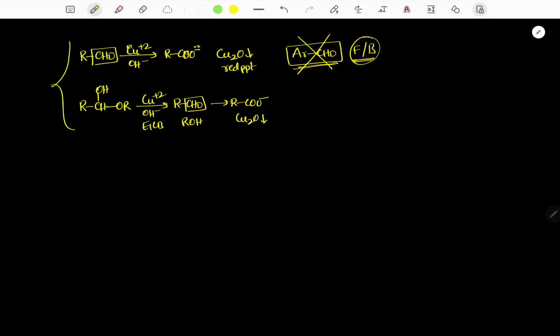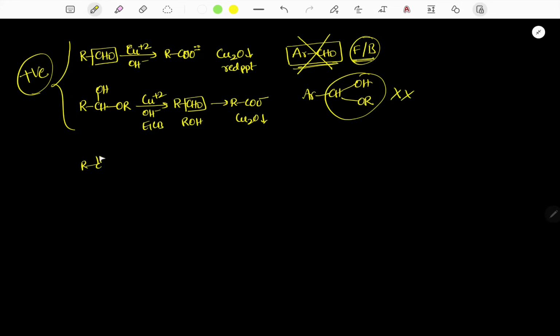That means both aldehyde and hemiacetal respond positively to the Fehling and Benedict. The only exception is aromatic aldehydes and aromatic hemiacetals. They do not respond positively to the test.